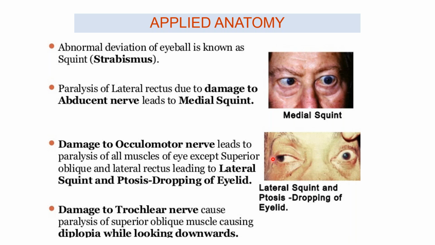The lateral squint will also be associated with drooping of the eyelid, called ptosis, because the levator palpebrae superioris, also supplied by the oculomotor, is paralyzed. And damage to the trochlear nerve, which supplies the superior oblique, is very important. These nerve supplies of all the extraocular muscles are very important for you. It causes diplopia while looking downwards.